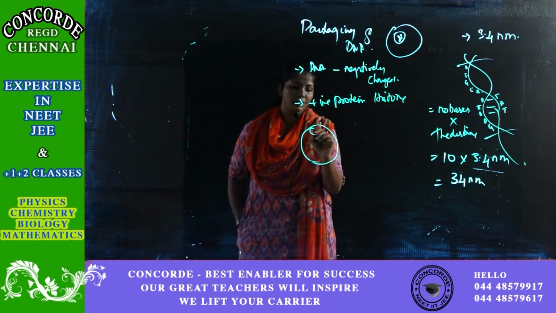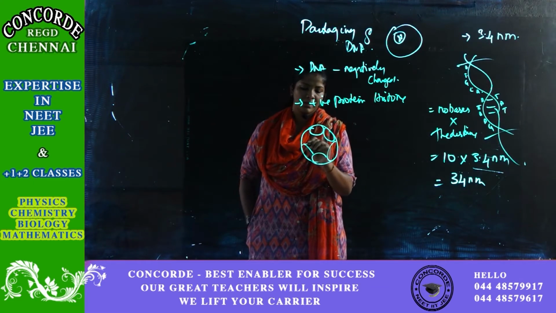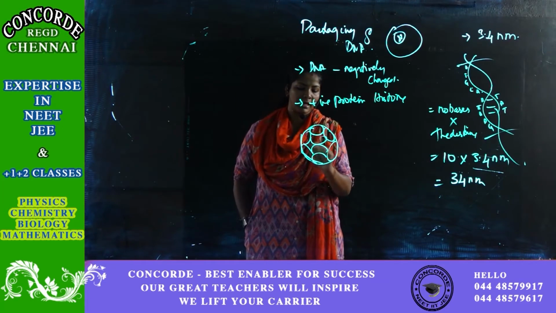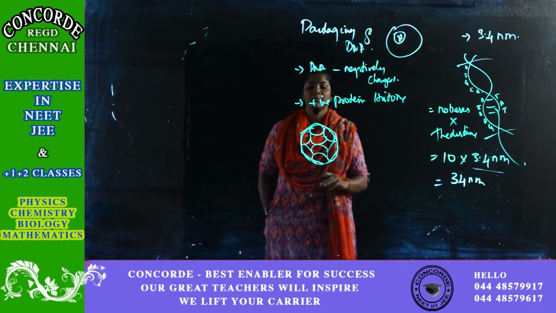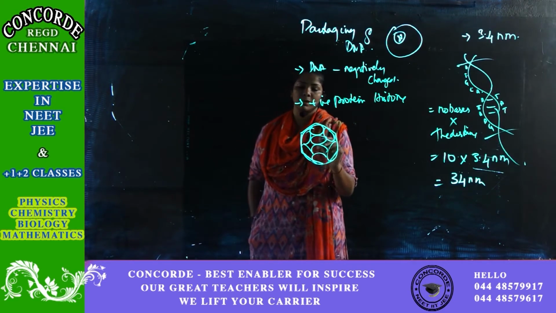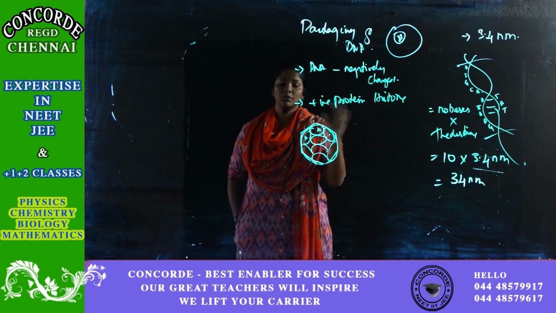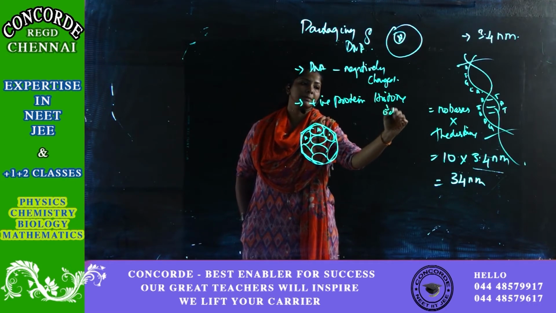It is a combination of 1, 2, 3, 4, 5, 6, 7, 8 subunits, so this is an octamer. So H1, H2, H2A and so on. Totally there are 8 subunits, so that is why I call it histone octamer.